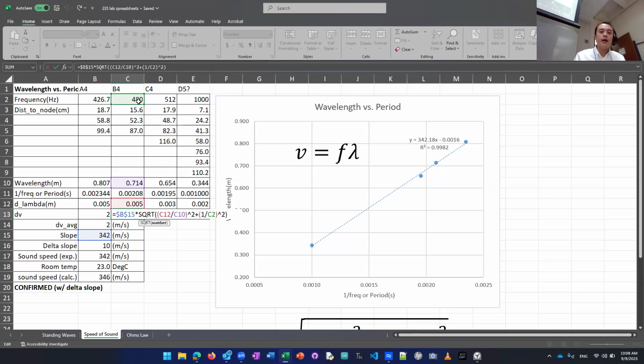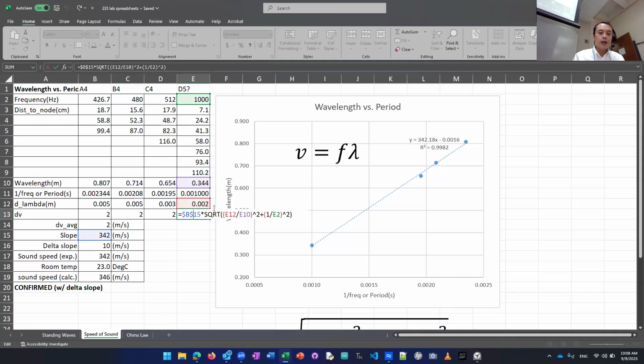The last digit is the uncertain digit, right? So that's why I had a 1 here, and then divide by the frequency itself. You can imagine this one will also have an uncertainty of plus minus 1 hertz, except the relative uncertainty, the fraction here, is 1 hertz out of 512, 1 hertz out of 1,000, right? Relative uncertainty is slightly less if you have a higher frequency, but the same exact absolute uncertainty.